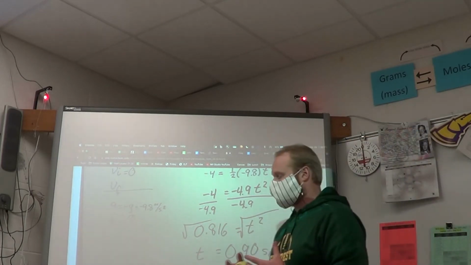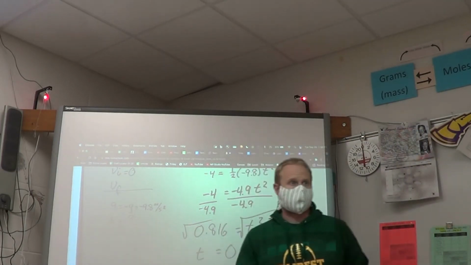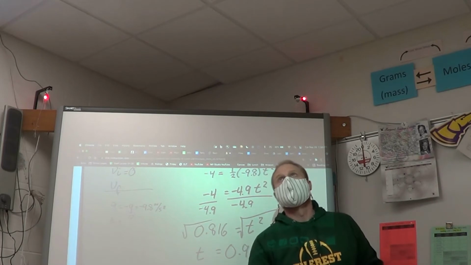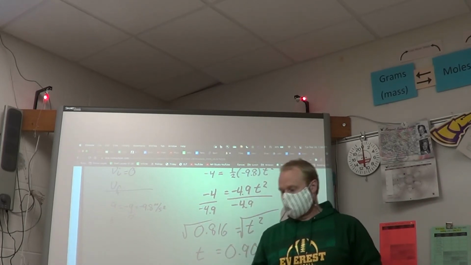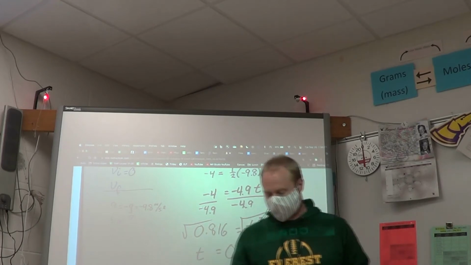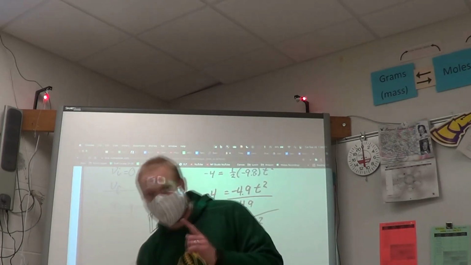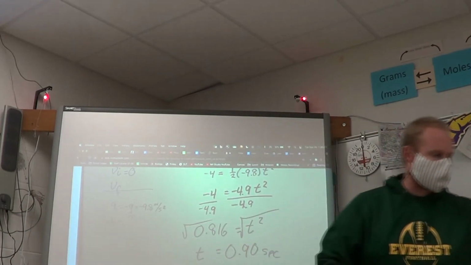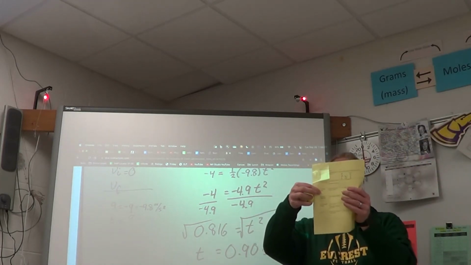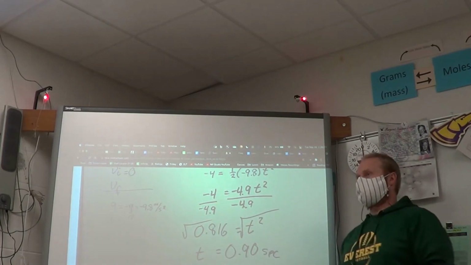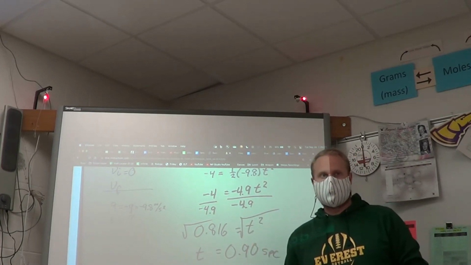So when the object's moving through the air, what force is acting on that ball? Gravity. And only gravity, right? So what kind of problem is that? It's a free fall problem. On the way up, once it leaves my hand, is the only force acting on it gravity?